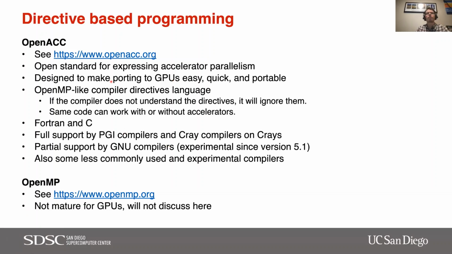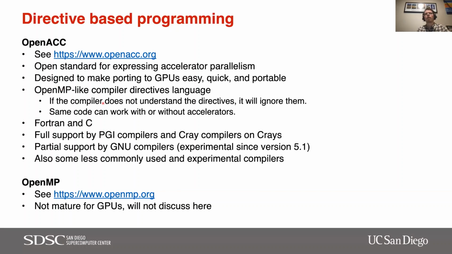So in some sense portable, and it's designed to make porting to GPUs easy, quick, and portable. Right? So easy means you don't have to write these CUDA kernels. Quick, yeah, it's faster because of that, and then portable, it should work on different generations, but also different GPU architectures, because in principle, the standard doesn't say it has to be a CUDA capable GPU, right?